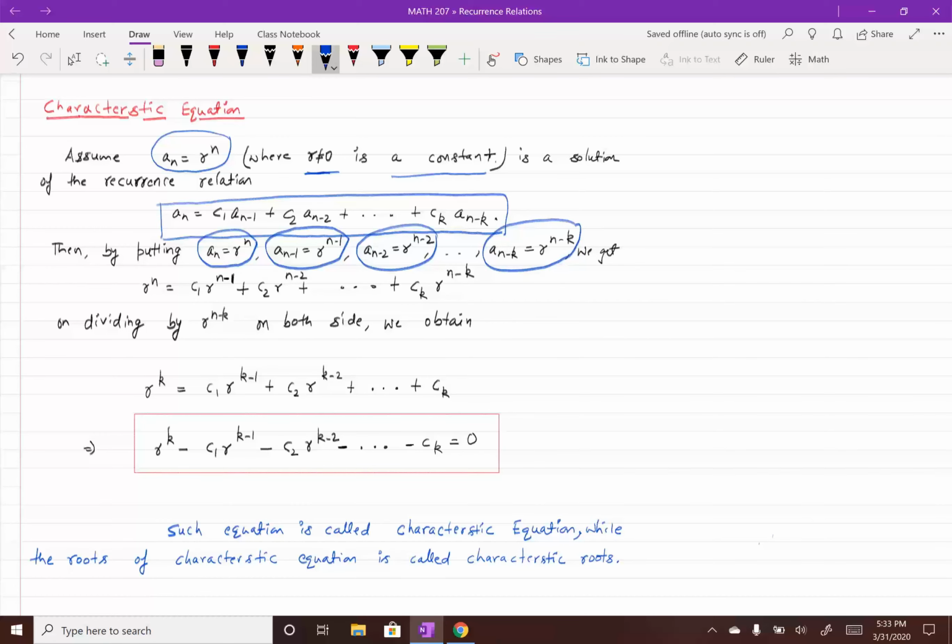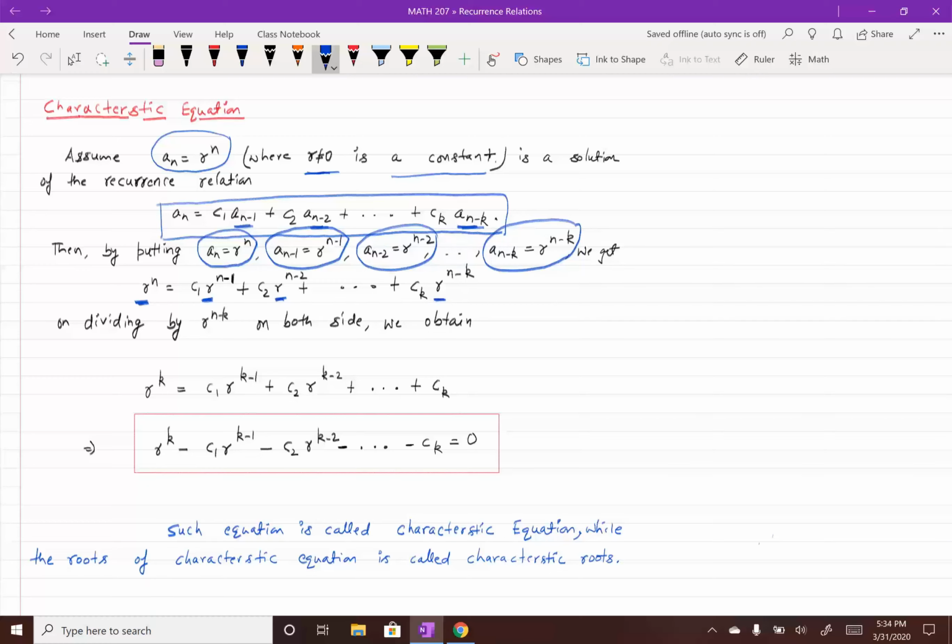Then you replace each a term in this linear recurrence relation by this r to the power term. So a of n can be replaced by r to the power n, a of n minus 1 by r to the power n minus 1, a of n minus 2 by r to the power n minus 2, and similarly a of n minus k by r to the power n minus k.